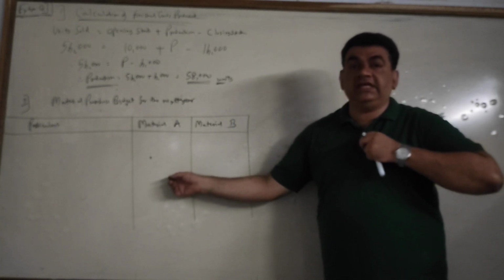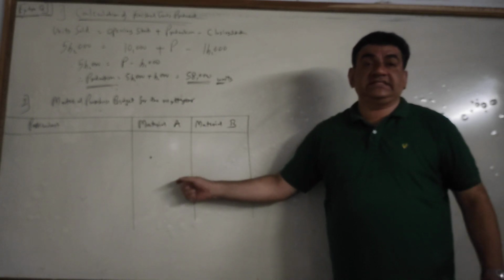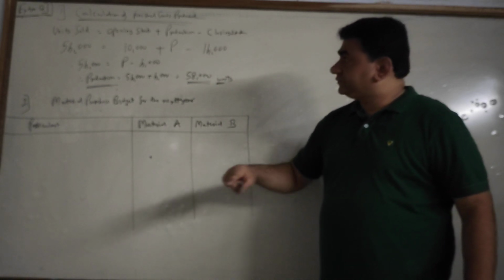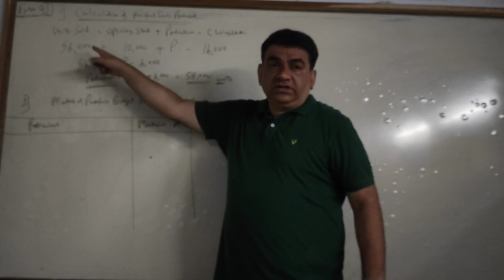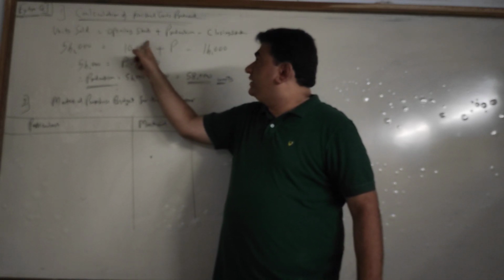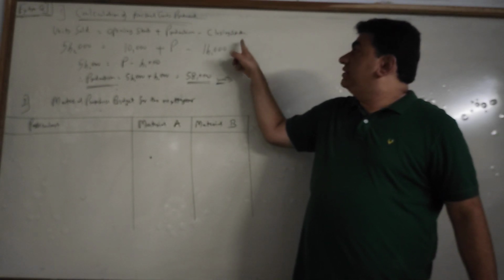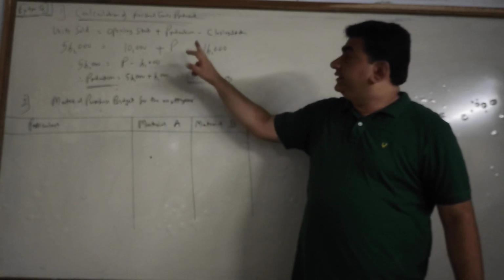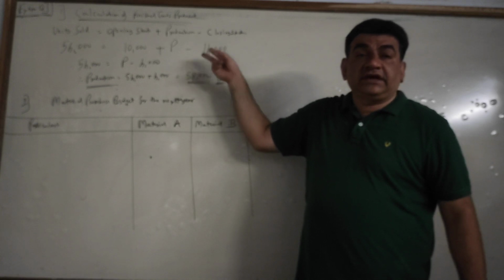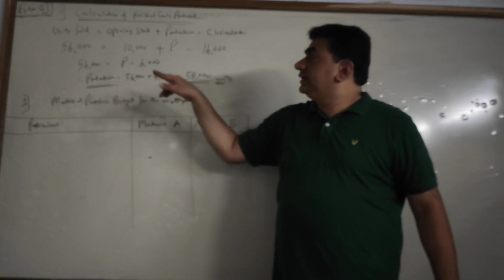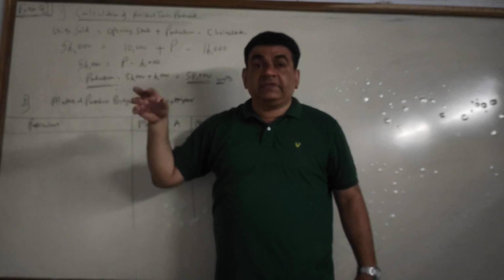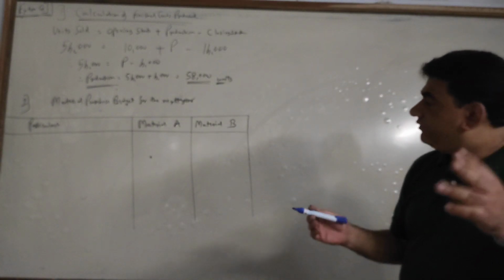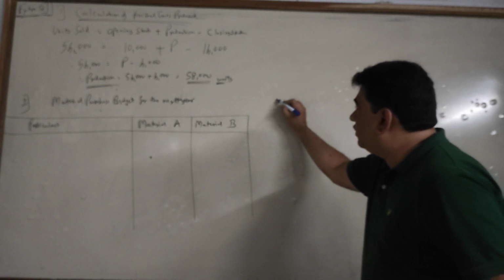Understand this very carefully, because this is the base for the sums we are going to do in the next class. We wrote unit sold is equal to opening stock plus production minus closing stock. I will use the same formula, which was for finished goods, now for material. Material I don't sell, I use material to produce the goods. You can write it for your reference if you want.